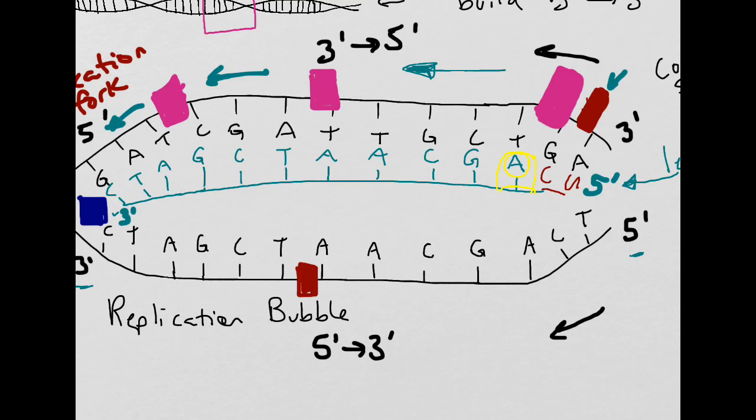And it's my red. Okay, so we're going to go U. Remember, as I said, RNA is a little bit different, it doesn't have T's, it's got U's, so we put a U there. And that's our primer. Okay, that's our RNA primer. So now DNA polymerase says, okay, that's fine, I like RNA primer, that's my bait, that's what I am attracted to, it's why I start doing my job.